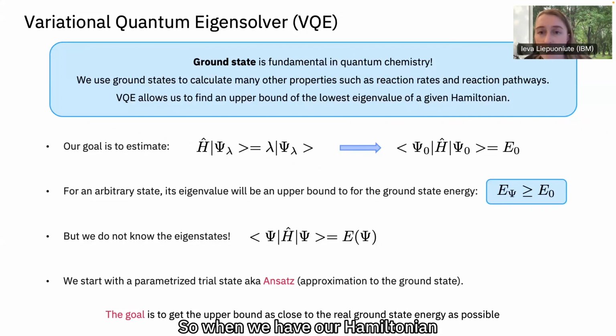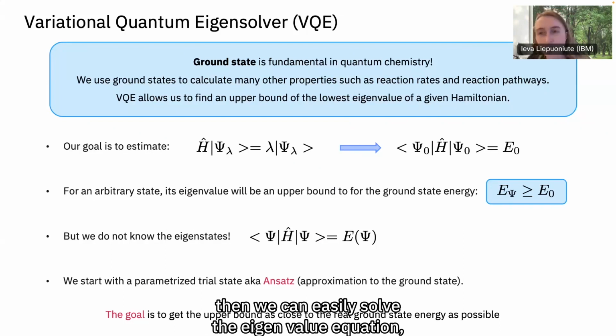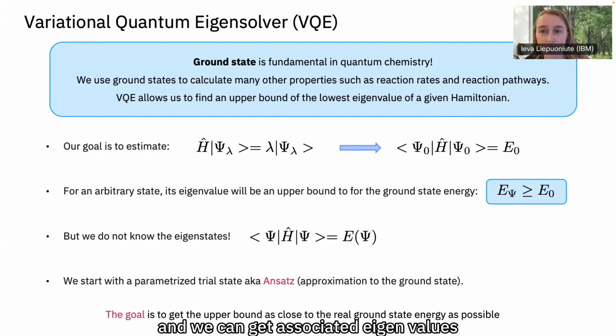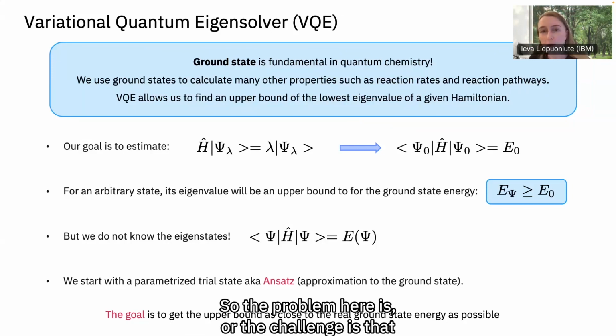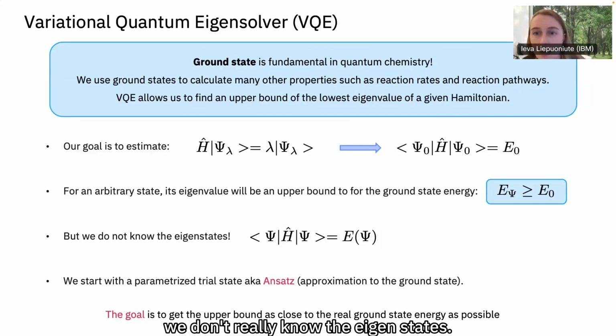So when we have our Hamiltonian, and when we know the eigenstates associated with our Hamiltonian, then we can easily solve the eigenvalue equation, and we can get the associated eigenvalues as depicted in the first bullet point. So for the eigenstate associated with the smallest eigenvalue, we would get the ground state energy. So the challenge here is that we don't really know the eigenstates.